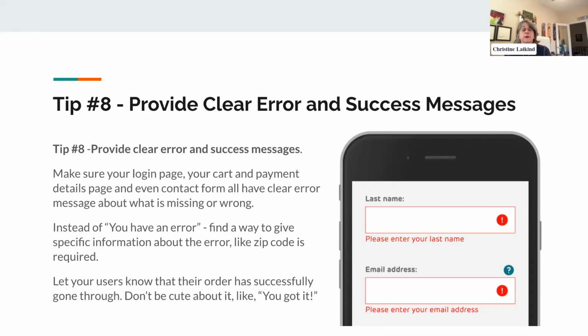Instead of saying you have an error, make sure you have a way of explaining where the error is. That they entered a wrong email address, wrong zip code, whatever. Let them know. You need to be clear with that, especially with account login. So this is very important. If the order has gone through, please don't be cute about it. Just let them know it's gone through.